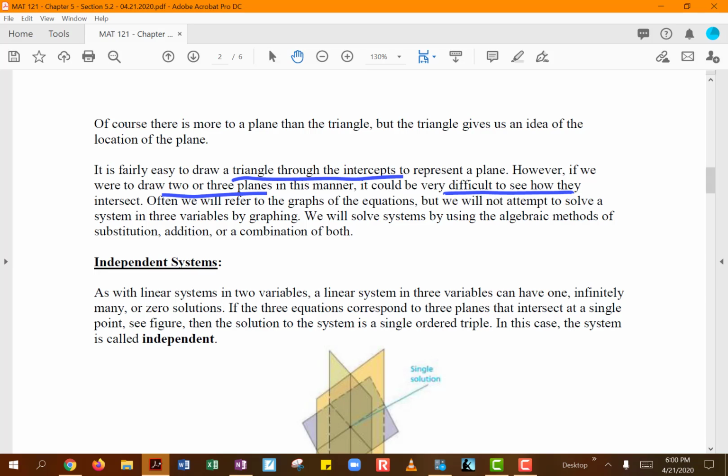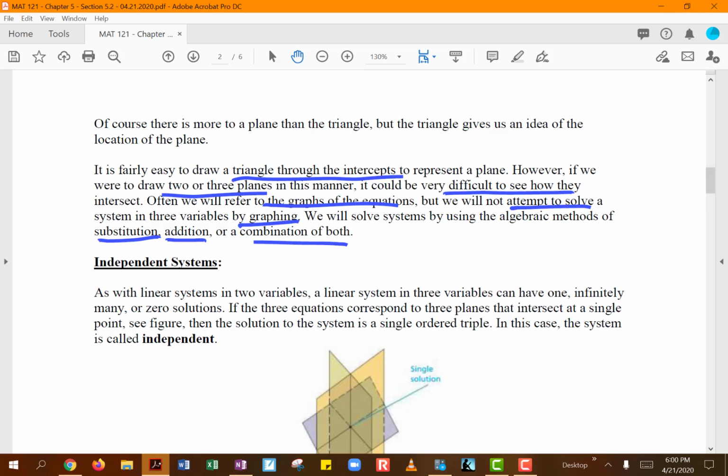So in this case, we do not use a graphing method to solve these equations in 3 variables. We can refer to the graphs of the equations, but we will not be solving by graphing, okay? So we're basically going to be using the substitution method, the addition method, or a combination of both of those methods to try and solve these systems.